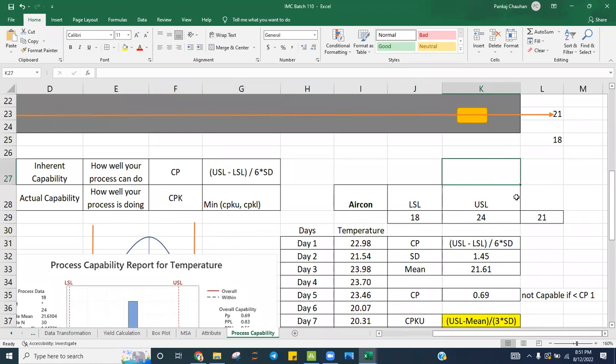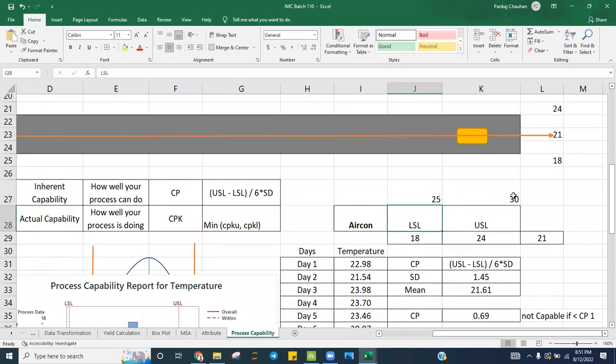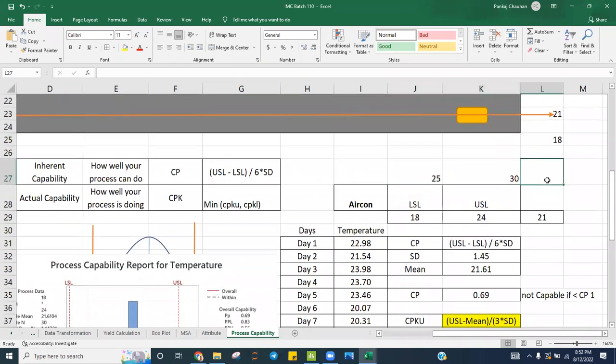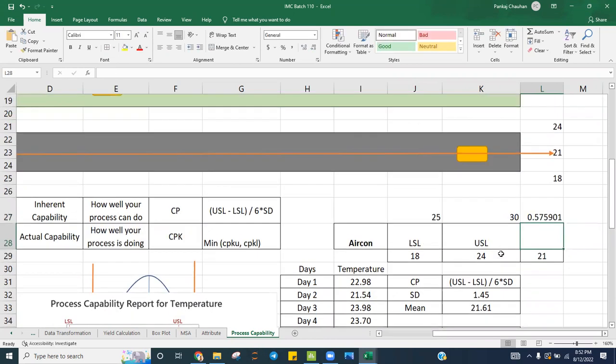If instead of taking 24, you take 30 on this side and 25 on this side, then 30 minus 25, the difference is 5. If you divide 5 by 6 times the standard deviation, then your capability will be almost the same.